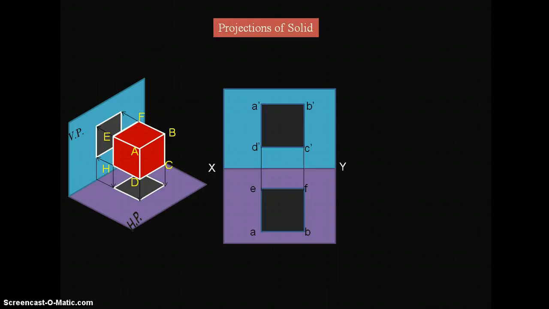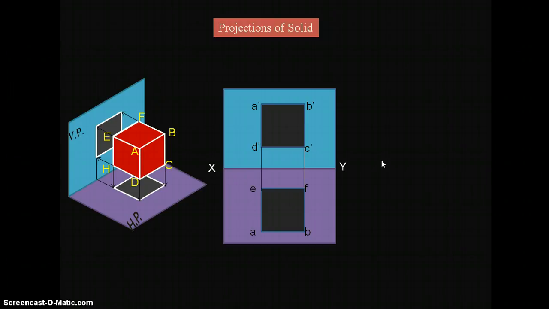By rotating we get the projections like this: front view A B C D, and top view A B F E. In the top view, this corner is A, this corner is B, the back corner is F, and this corner is E. When you rotate, the AB points will come at the bottom. Like this we get the front view and top view, both squares.